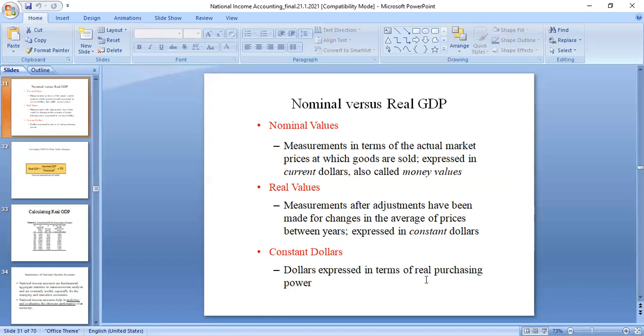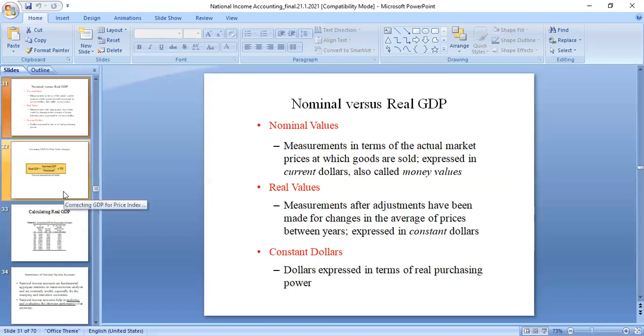Are we together? For example, it could be that the prices have reduced, and because the prices have reduced, people can buy more quantities of the goods and services. So that's what we mean by the real purchasing power.